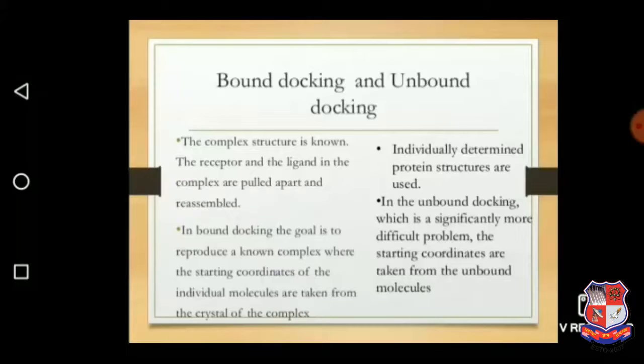Individually determined protein structures are used. In unbound docking, which is a significantly more difficult problem, the starting coordinates are taken from the unbound molecules. So bound and unbound are totally different with respect to the receptor, and on the basis of that the docking will take place.